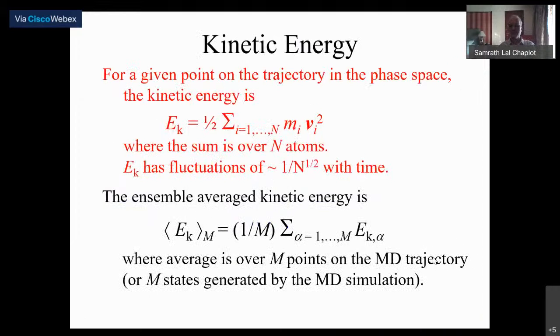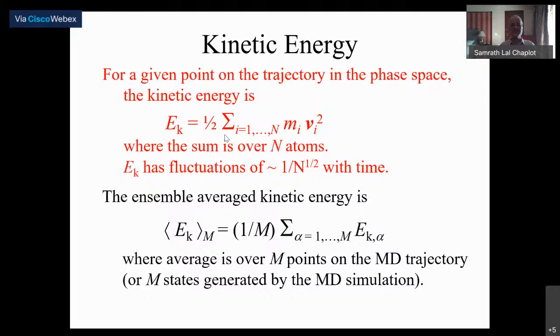Yes, so we did that. Now, what are the various things you monitor? For example, I'm obviously interested in the total kinetic energy in the system. As we just said, if you sum over half m v squared, v being the velocity of all the n atoms, that gives me the total kinetic energy in the system.